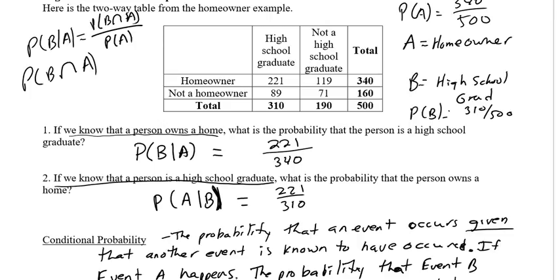So using our formula, we would have 221 divided by 500 over the probability of A, which is 340 divided by 500. Now we got a nasty fraction here, but when you have a fraction on top of a fraction, you can cancel between the numerators and the denominators. So this 500 and this 500 cancel, and I'm left with 221 over 340. Exactly what we got from before.